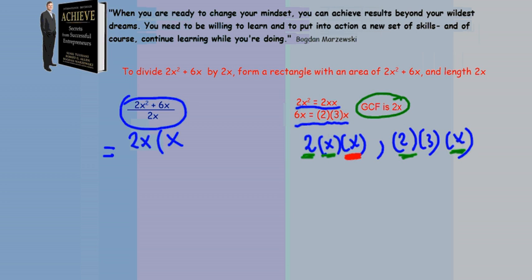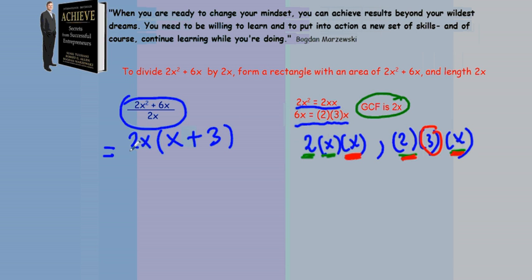And then plus, because this is a positive term, 6x. If I take out 2 and 1x from 6x, what I have left is just 3. So this is why you go with plus 3 inside the brackets.